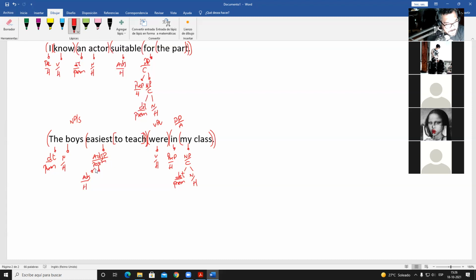And as its form is to teach, then it is a to infinitive clause acting as a complement. And inside of that, as in every single clause, what we have is a verb phrase verb. And inside of that, we have the verb head.